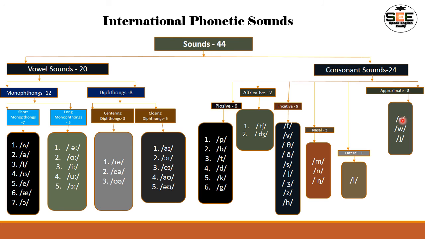It is r, and it is v, and it is ya sound. It is symbolized with j, but it produces ya sound, ya. So r, wa, and ya. So these were the three approximant consonant sounds.